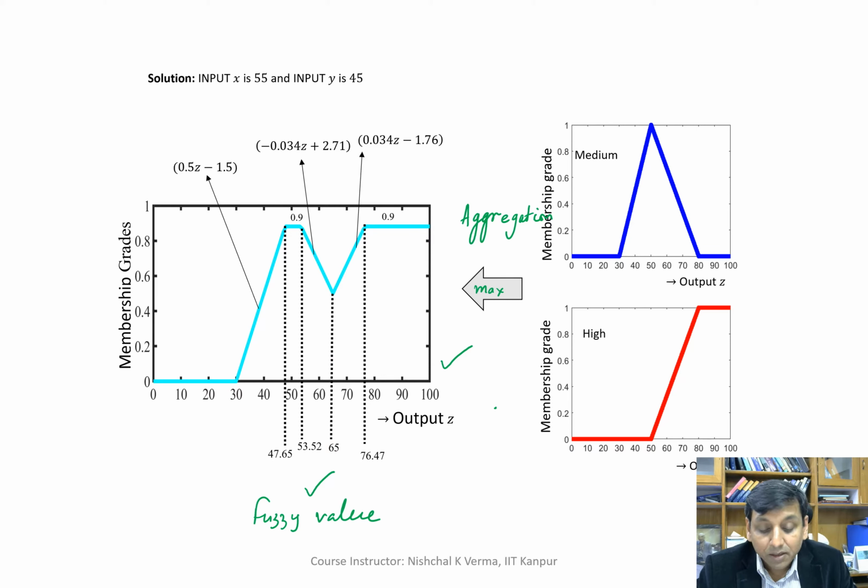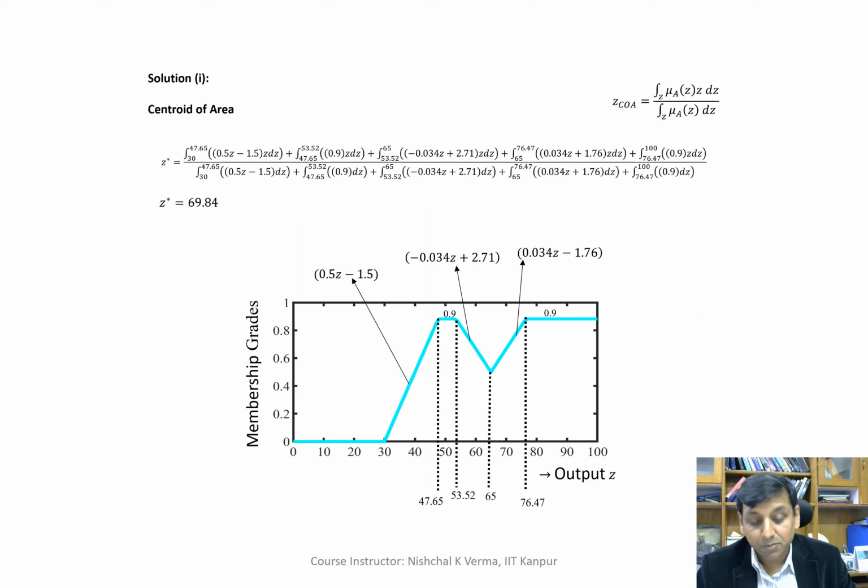So we have the methods for defuzzification that are available. The first method is the centroid of area. When we use centroid of area, I am not going to discuss this again because we have discussed it in detail in the previous example.